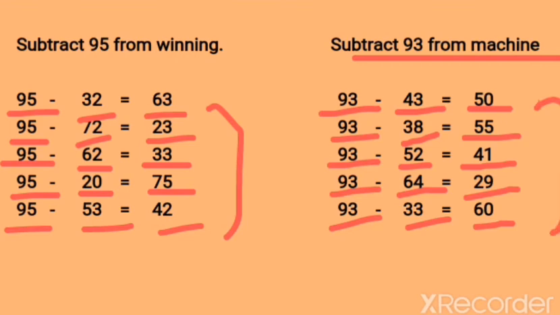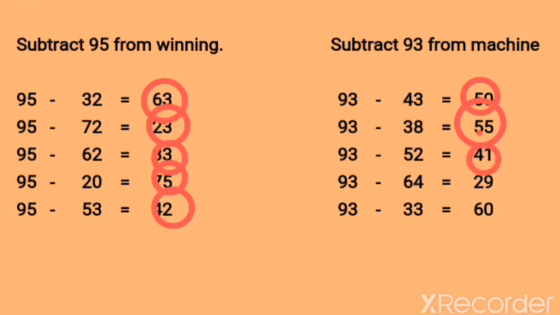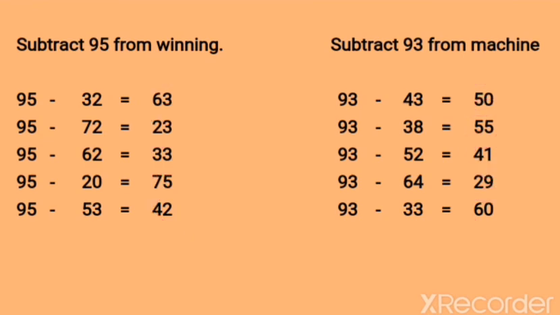The numbers that we are able to reject from these two strategies, which is subtracting 95 from winning and subtracting 93 from machine, are 63, 23, 33, 75, 52, then also 50, 55, 41, 29, and 60.